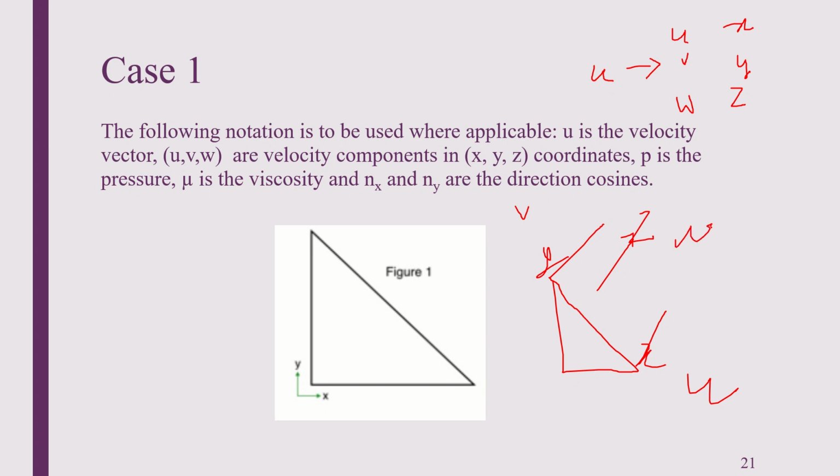So these are the takeaways from this particular slide. What is given is that the notation is to be used wherever applicable. So u is the velocity vector with velocity components u, v, w in x, y, z directions. So u is in the x direction, v in y and w in the z coordinate. P is the pressure, mu is the viscosity, nx and ny are direction cosines.